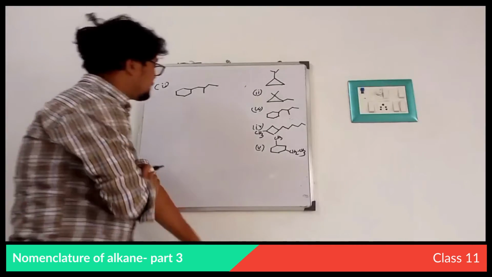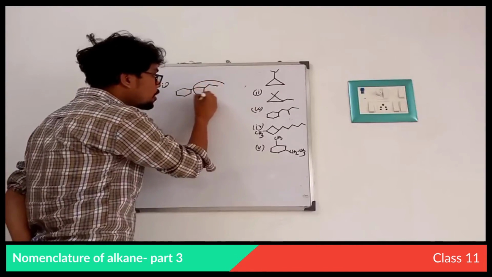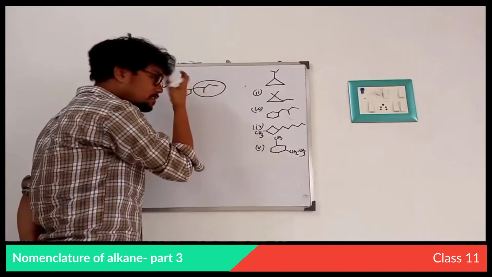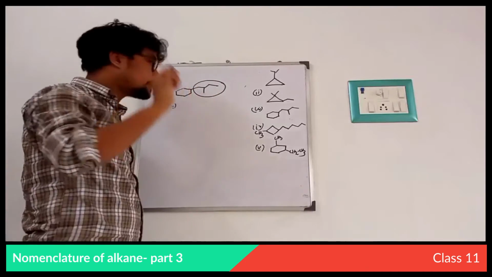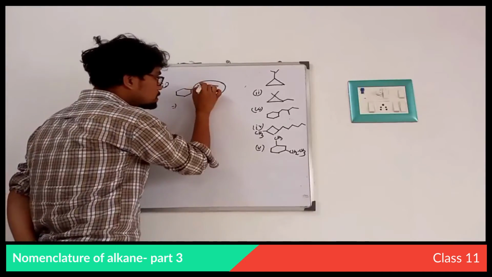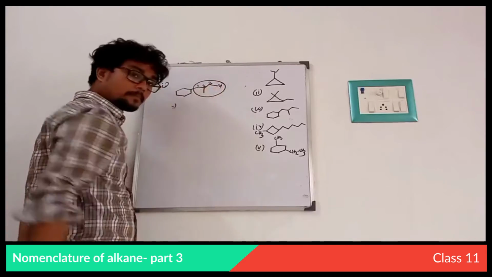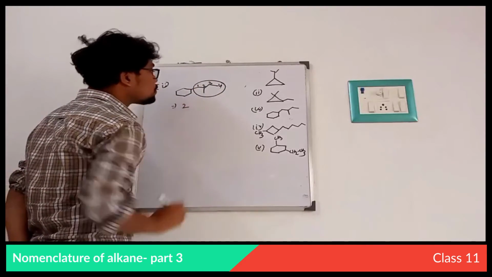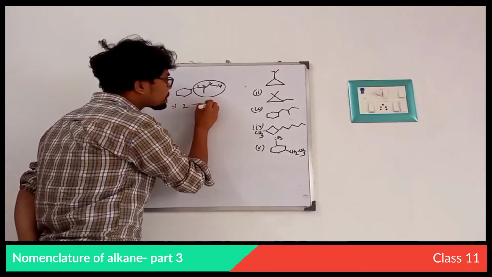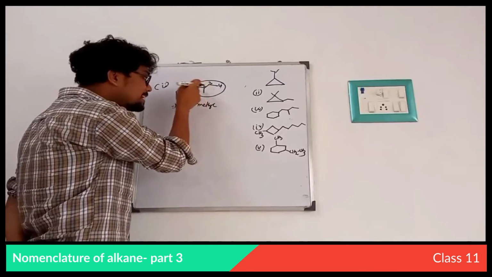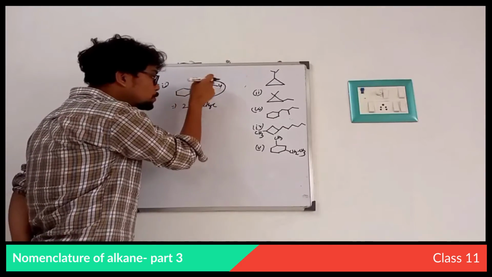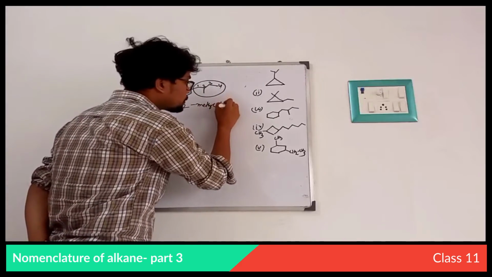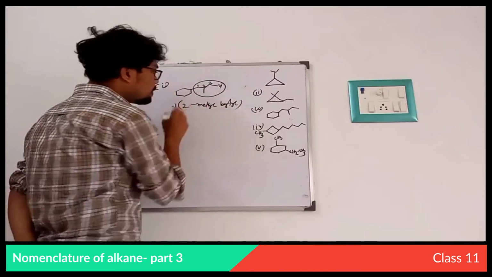So now I am free. Okay, so this is a complex substituent because it has a branch. So what is the name of this complex substituent? 1, 2, 3, 4. 2-methylbutyl, that is the name of our complex substituent.